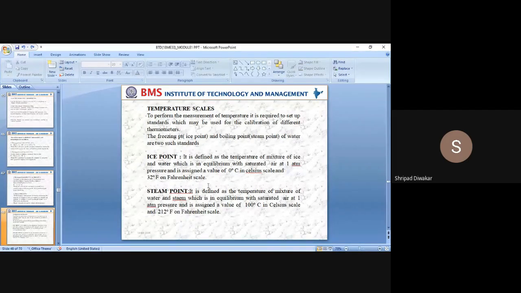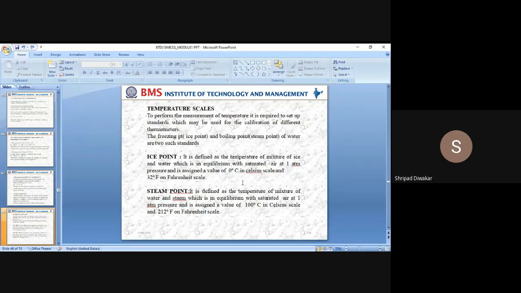So ice point is also called the freezing point. It is defined as the temperature of mixture of ice and water which are in equilibrium state at 1 atmospheric pressure, and assigned the value of 0 degree Celsius on the Celsius scale and 32 degree Fahrenheit on the Fahrenheit scale.